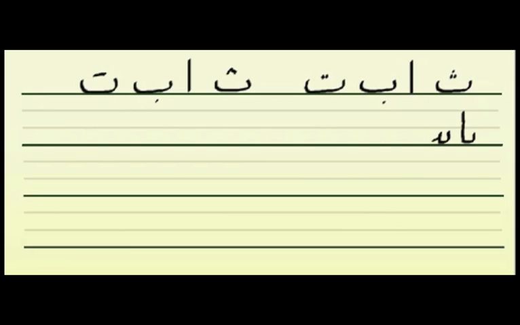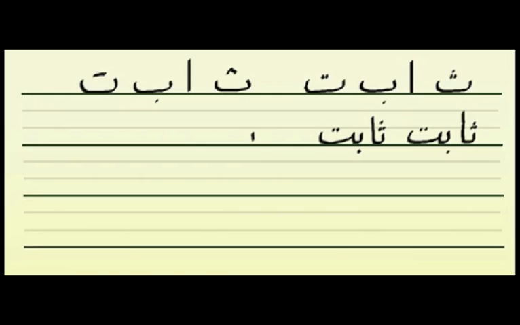With the alif in the middle position, tha, alif, ba, ta. Two dots for the ta, ba below, three dots for the tha in the initial position. Thabit. Note, the alif does not connect to what follows, but connects to the preceding if the preceding letter connects.